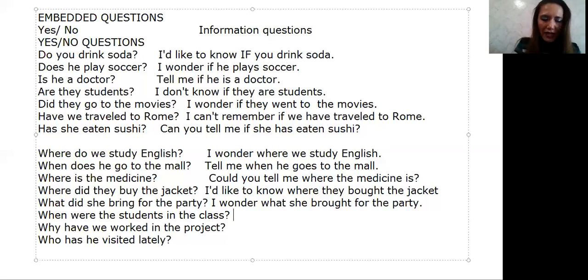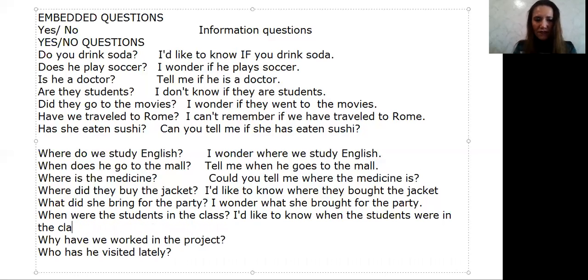So I'd like to know when the students were in the class. Okay, so as you see, I changed the order in order to make a sentence now, not a question.